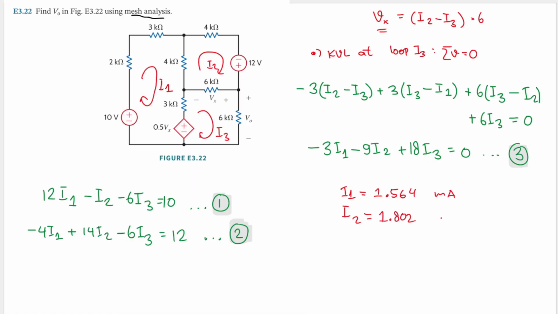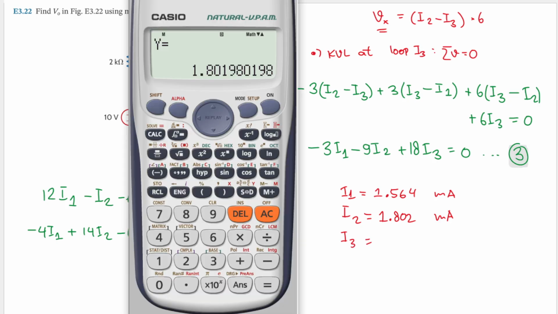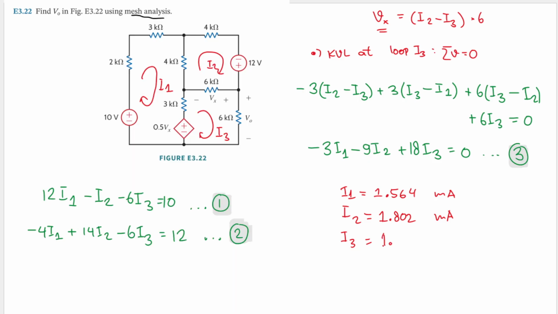So the unit will be milliampere. And then I3, that will be 1.162, and the unit will be milliampere.